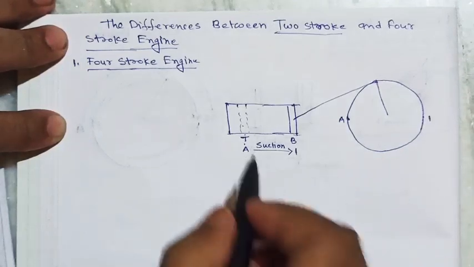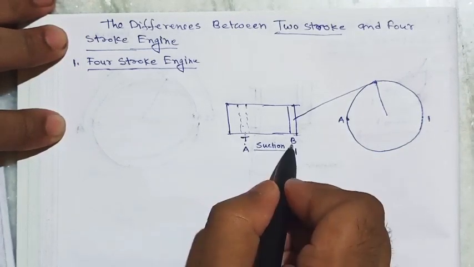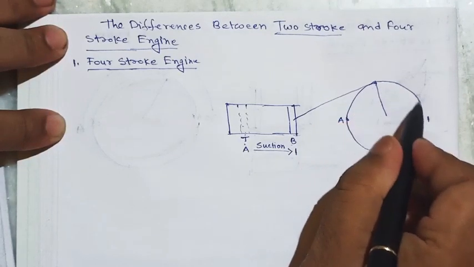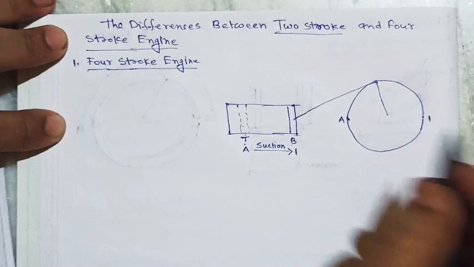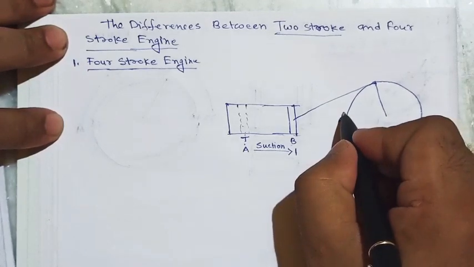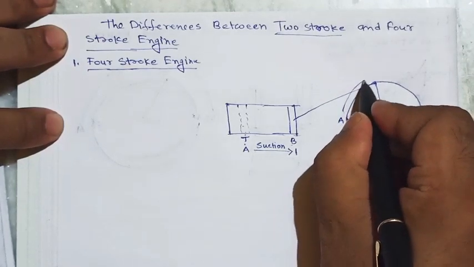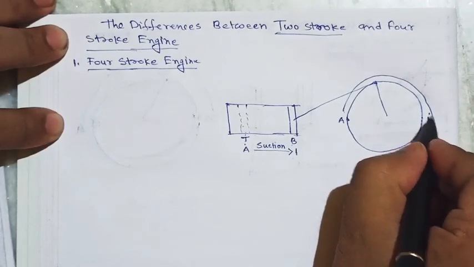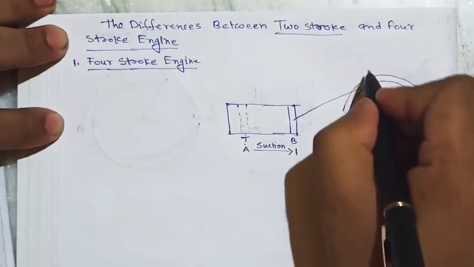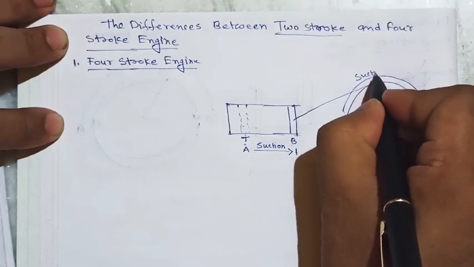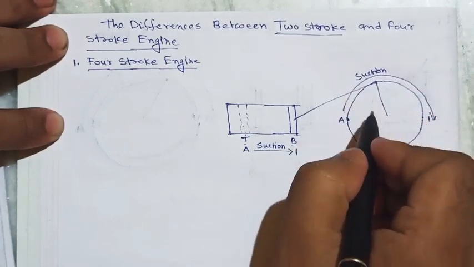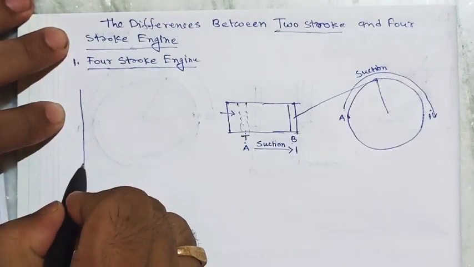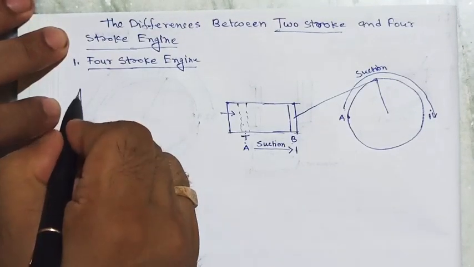So when the piston moves from T to B, this point will move to this. This is the suction process. During this suction process, fuel will enter.